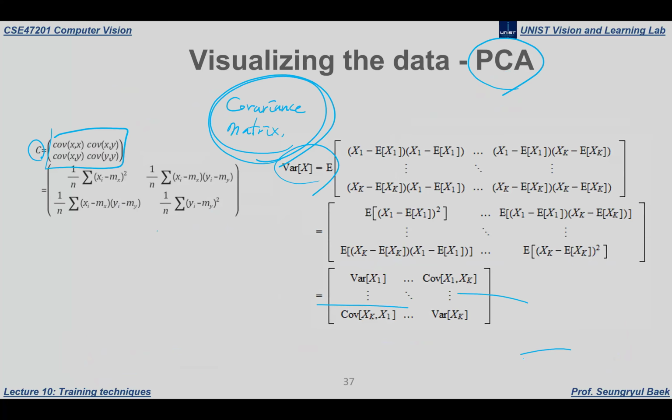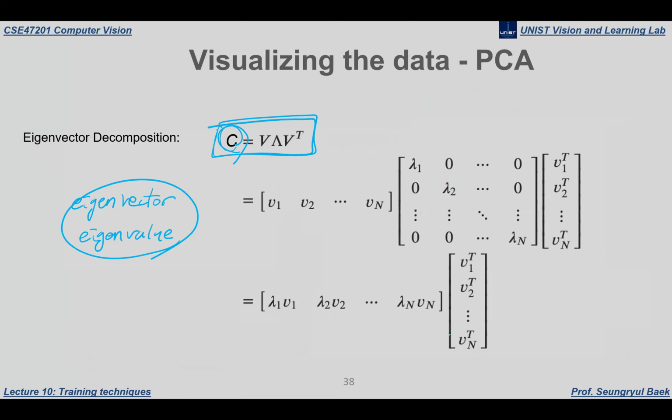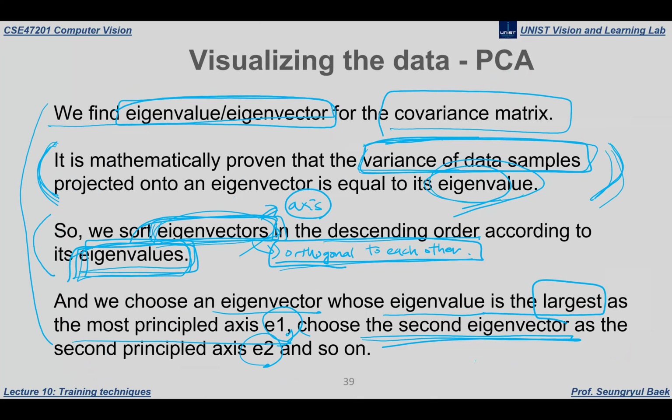But for implementing that, we first calculate the covariance matrix between the data, and then apply eigenvector decomposition. The eigenvalues are located in this part, and by sorting the eigenvectors according to their scales, we can select the first principal component, second principal component and so on. That's the PCA.